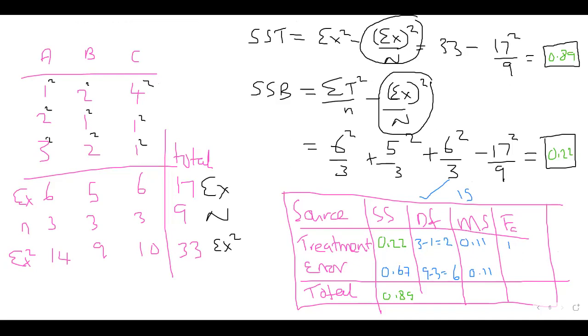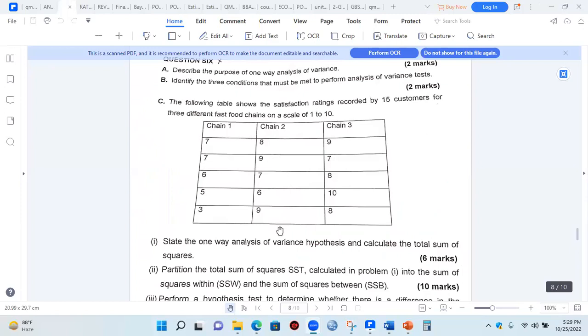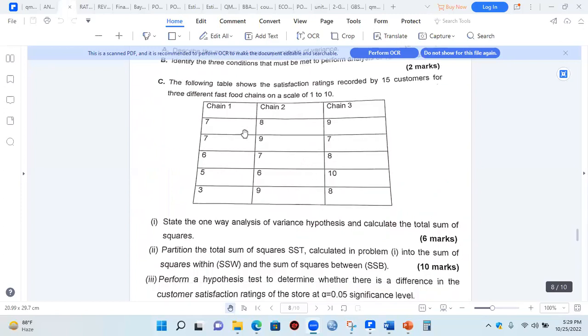So I'll take you back to the exam. The exam also came with an ANOVA. You need to realize that this also came from your Bible book. You'll be asked to get the totals, find the sum of square total, between and within, and test. You need to come up with an ANOVA table.